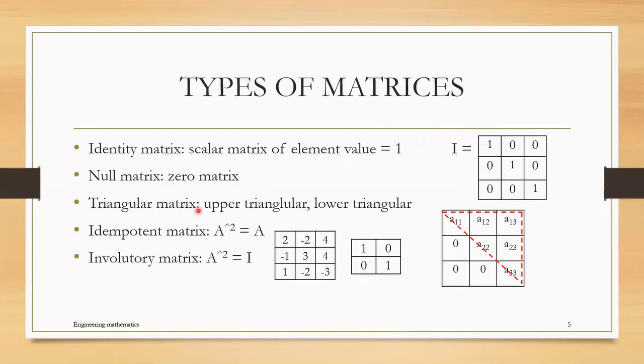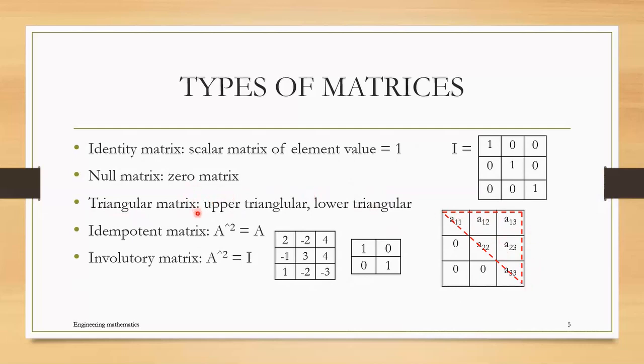Then we have the triangular matrix. A triangular matrix can be upper triangular or lower triangular. We define it as a matrix in which the values above or below the leading diagonal are zero, and the other positions have elements present.